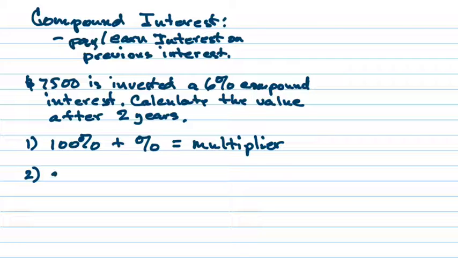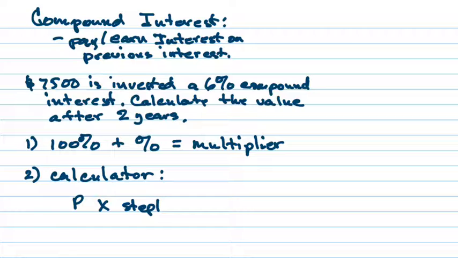Then all you need to do is use your calculator to do the steps. Do the principal times the decimal from step 1, because you know that you can't do it without it being a decimal.